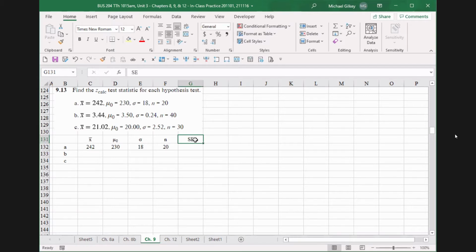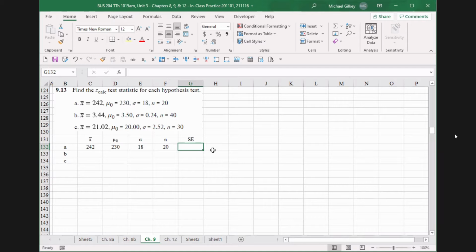Remember that standard error is the standard deviation of the distribution we're using, because we're using the sampling distribution. Is that making sense to everybody? So the answer to the question I asked before was no, we don't have everything we need. We need standard error. How do we compute standard error?